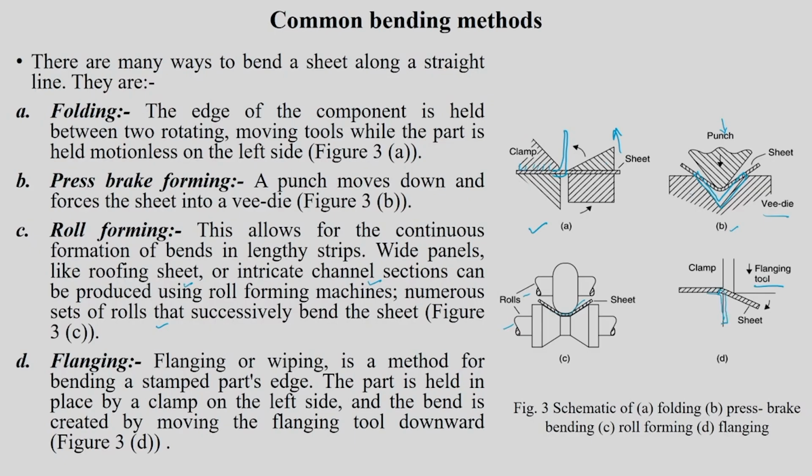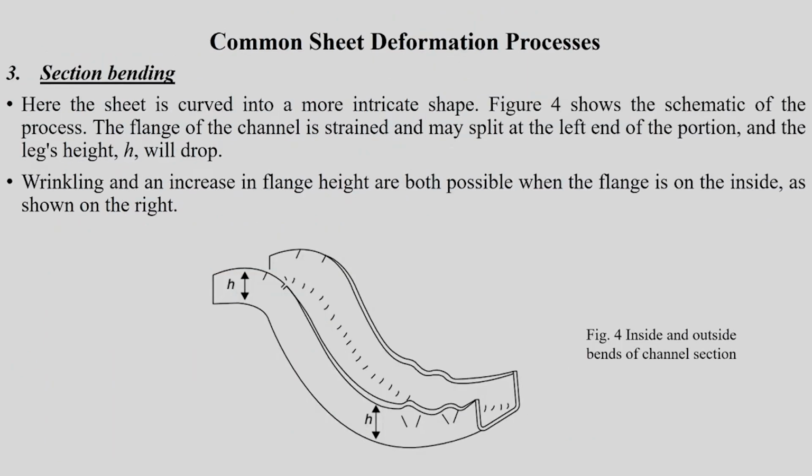Basically the flange tool is going to move down in this way and push the sheet towards the die, which is kept stationary here. Once you release the flanging tool, we want this 90 degree shape, but then there will be some slight change in the angle, which is what I was referring to as sheet spring back, which we will discuss elaborately later on.